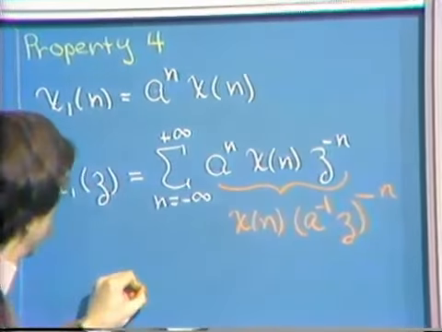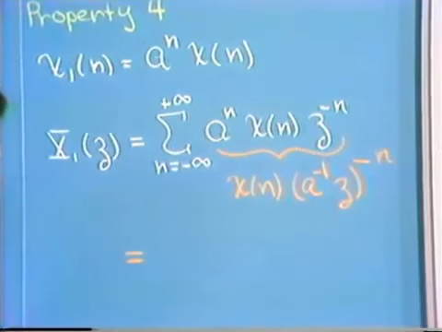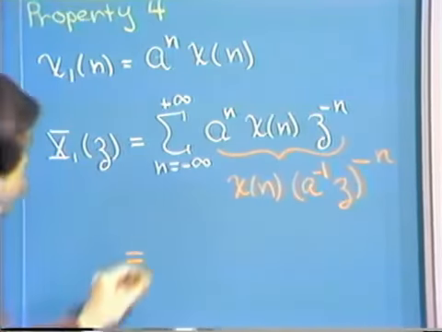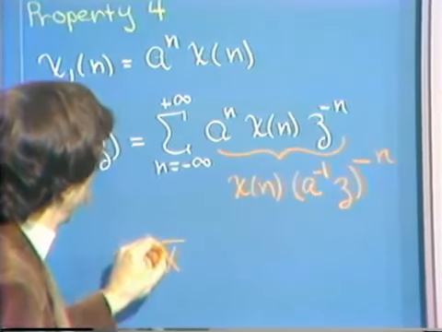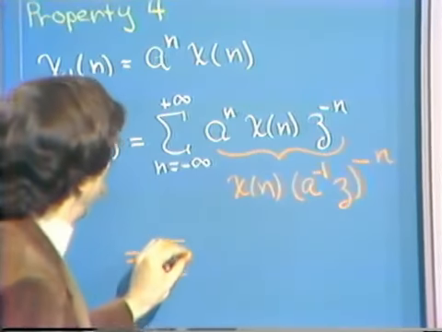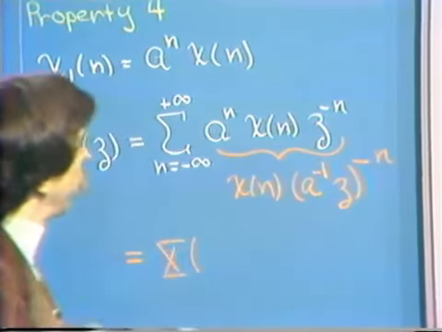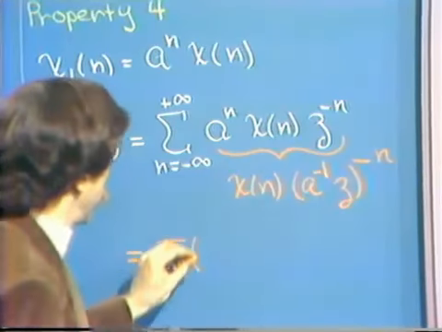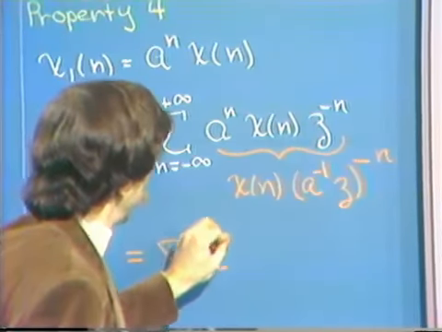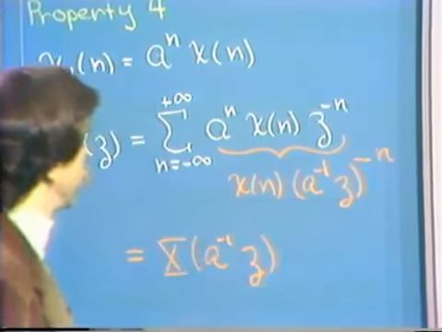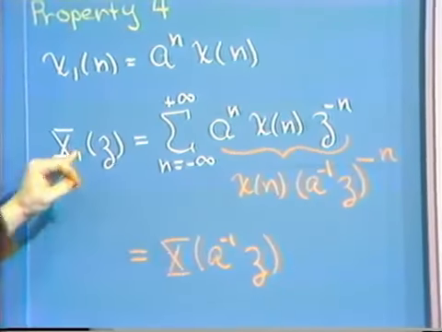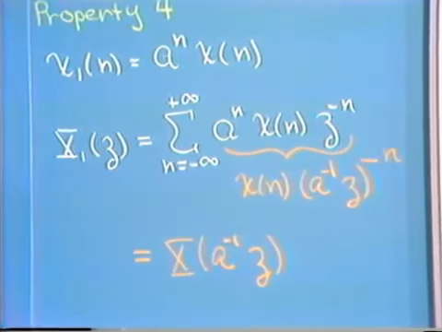So this says, consequently, that the z transform of x1 of n is equal to the z transform of x of n, but with z replaced by a to the minus 1 times z. So we stick in here a to the minus 1 times z, and that then relates the z transform of the original sequence and the z transform of the sequence multiplied by a decaying exponential.